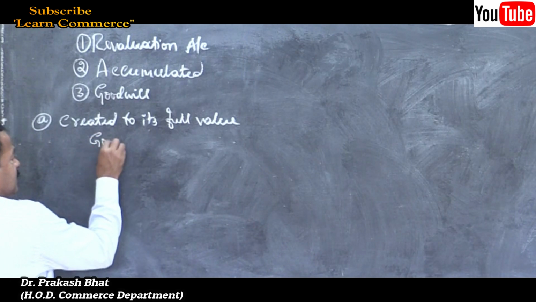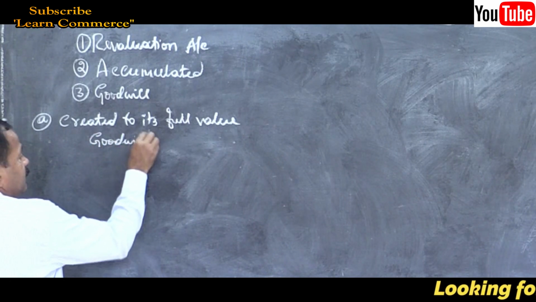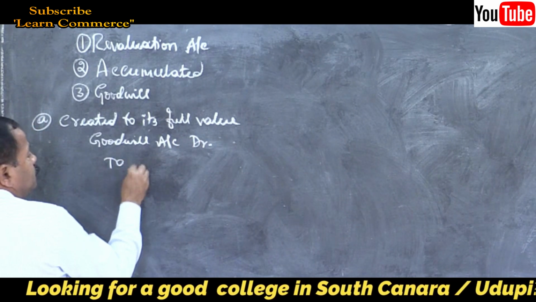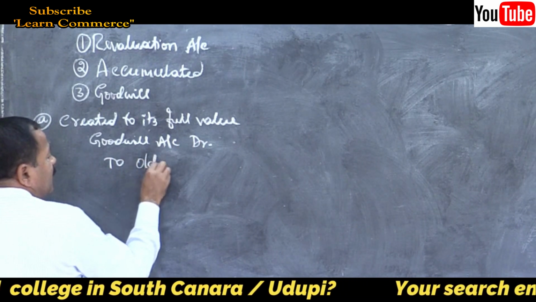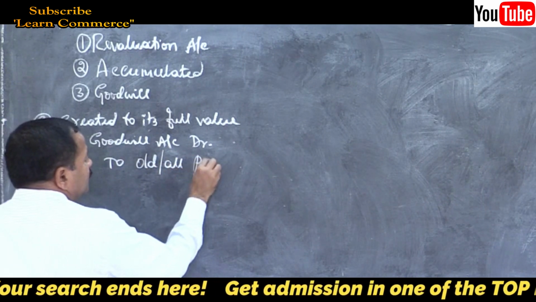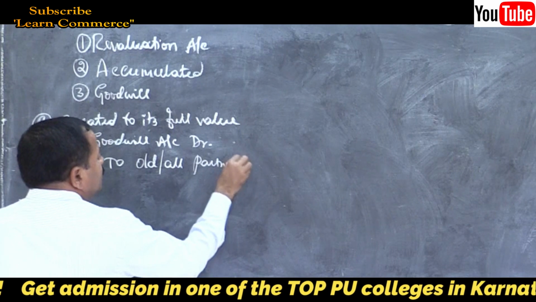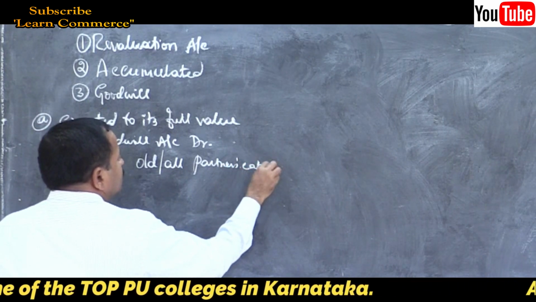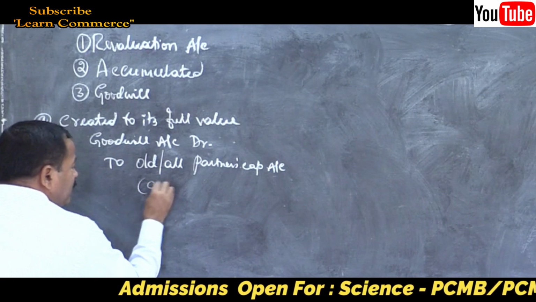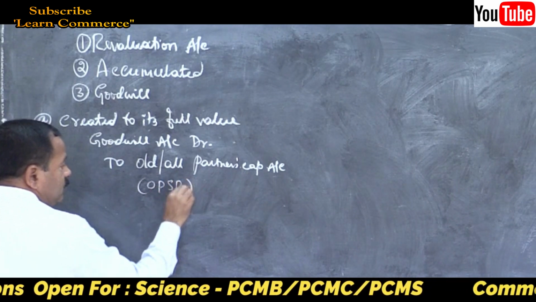Journal entry is goodwill account debtor to old partners' capital account, or all partners' capital account, in their old profit sharing ratio.